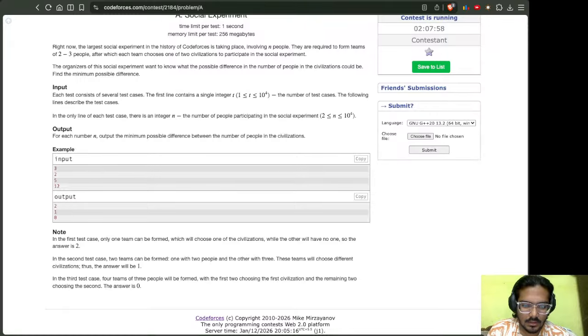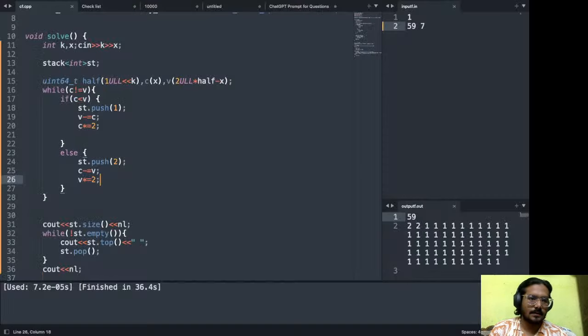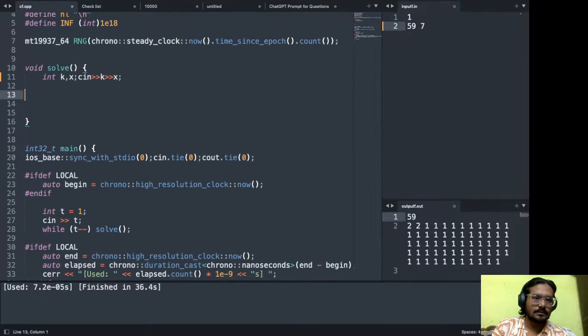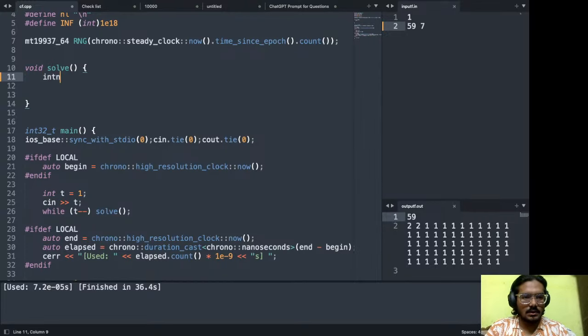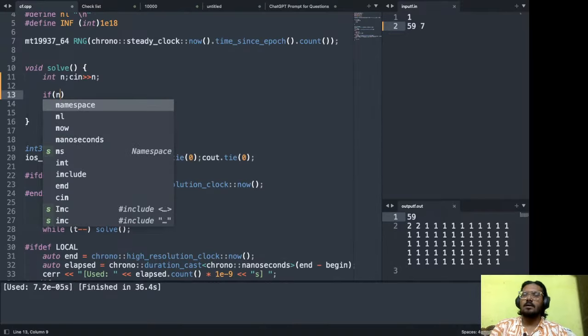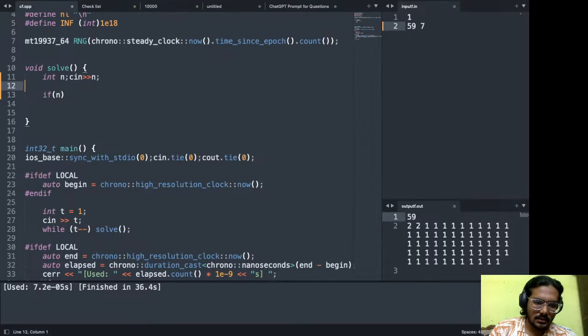Okay, solved. Let's get into coding this one. This is the thing. Okay, this was last day's code. We just get one number, int n, cin n.